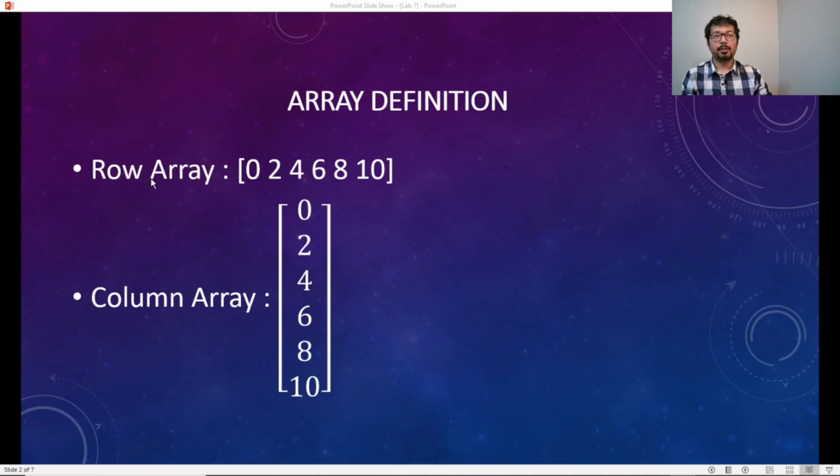A row array has one row with multiple elements in it, and a column array is defined as one column, and it can have multiple elements inside it. In the Matlab environment, we have to use these square brackets to define these arrays. So now let's jump back to Matlab and see how we can define these arrays or vectors.